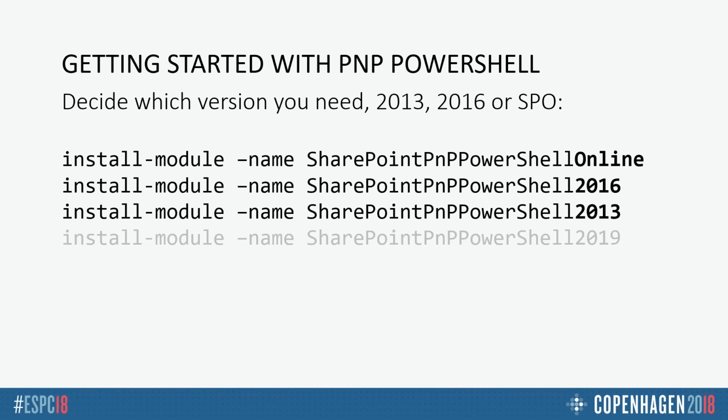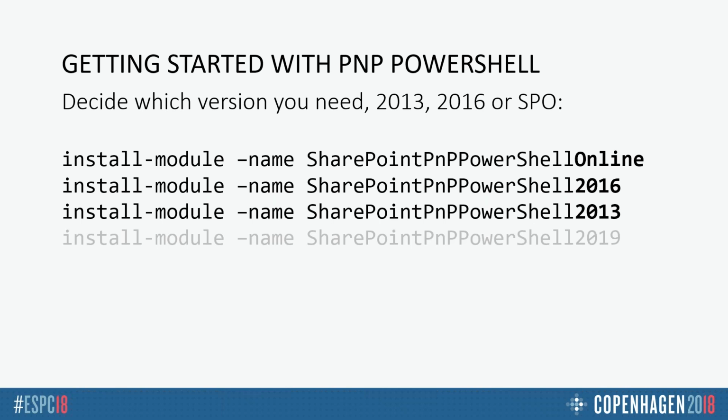Now, if you work with both, say, SharePoint 2013 and SharePoint Online, and you do not want to have both versions of PnP PowerShell installed, the safest bet you can take is to install the lowest version, e.g. SharePoint PnP PowerShell 2013. That one will work towards SharePoint Online. Same goes for PnP PowerShell for SharePoint 2016.